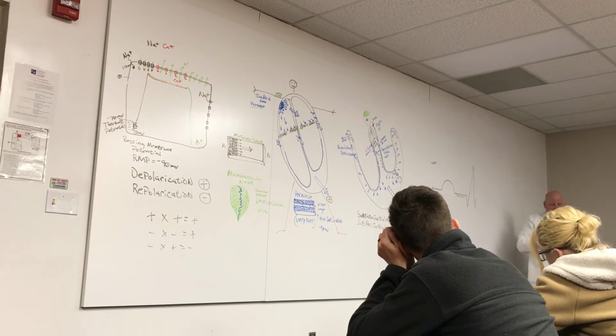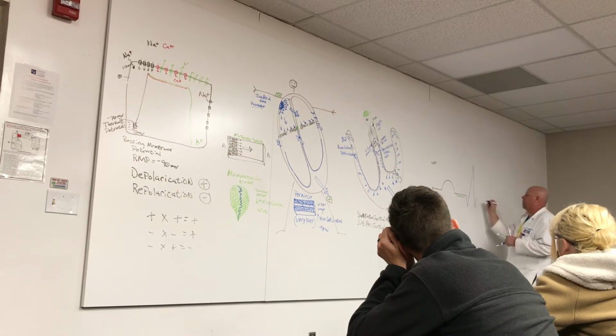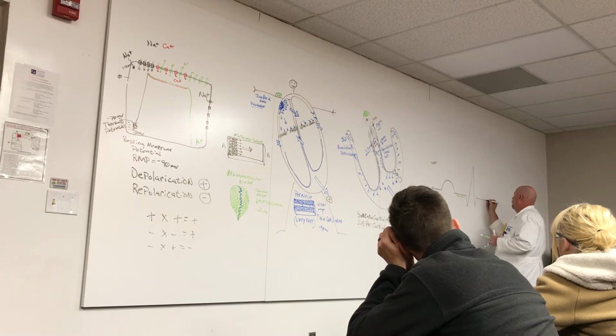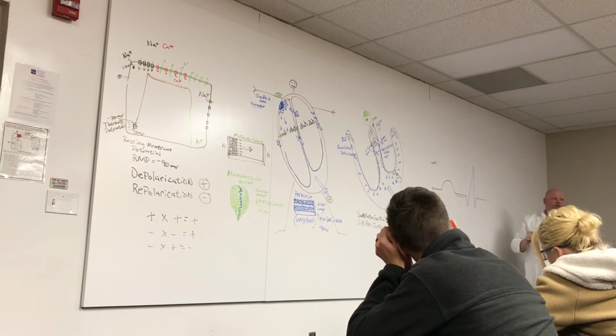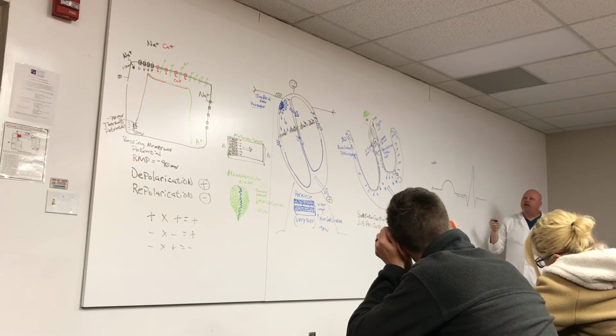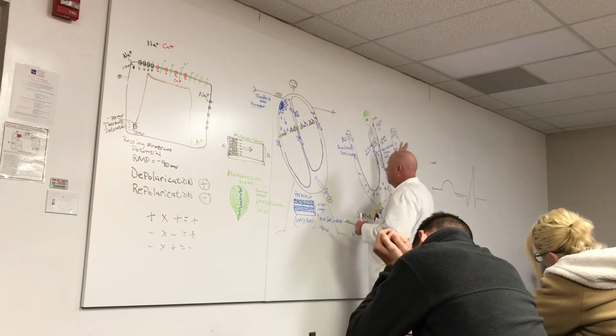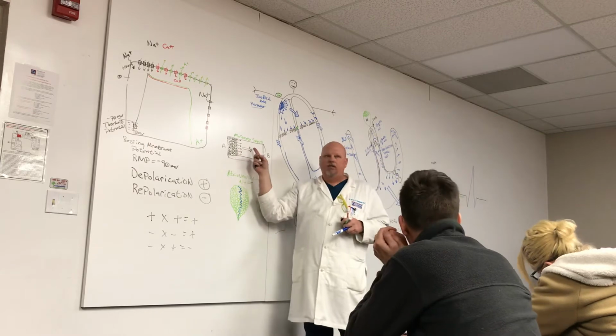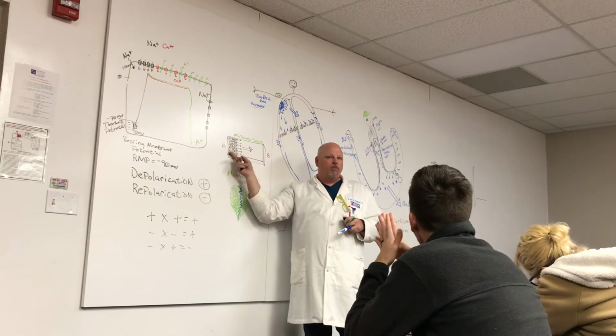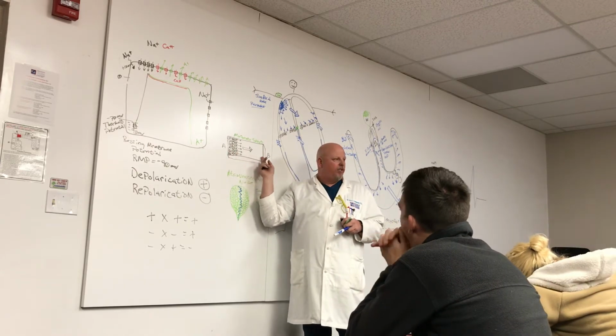Okay? Next we have isoelectricity. This represents what? What's happened? Why is it isoelectric? It's going through the H ribbon. What's going on here? This is depolarization, right?